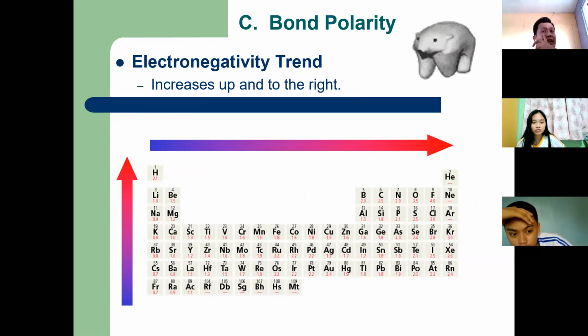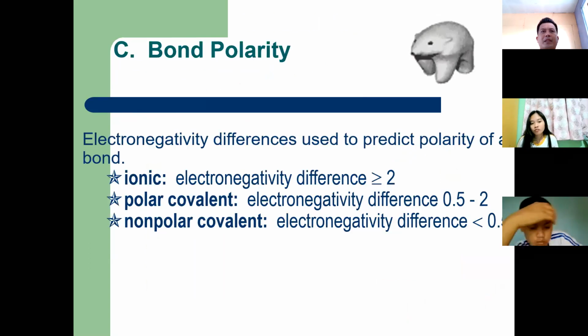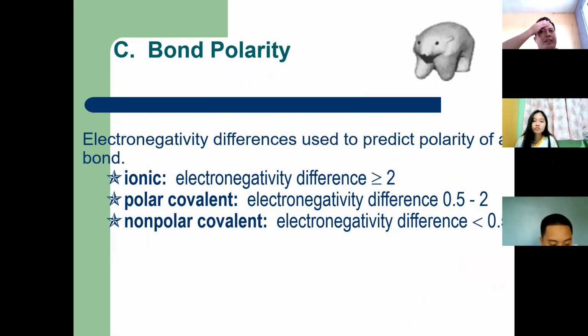This is the electronegativity trend, class. As the elements go up, the electronegativity increases. As the elements move to the right, the electronegativity increases. Additional information: for an ionic bond, which exhibits ionic behavior, the electronegativity difference is greater than 2.